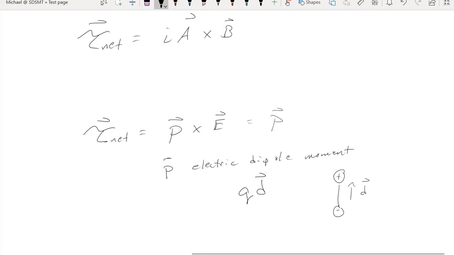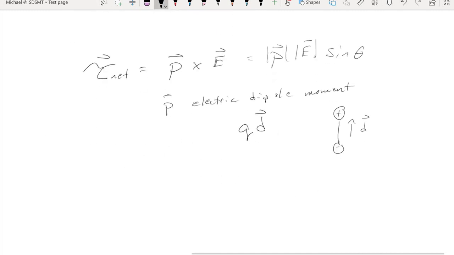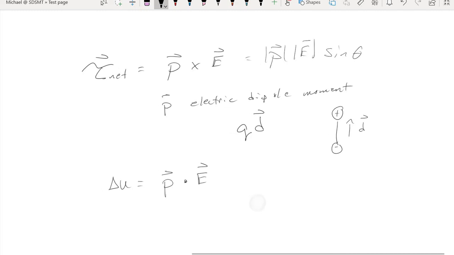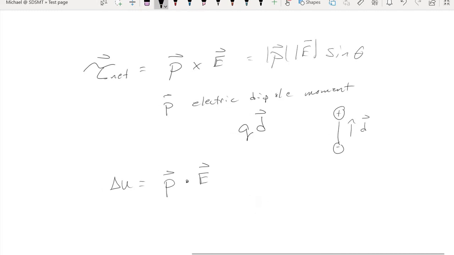And then we could evaluate this by taking the magnitude of each along with the sine of the angle between them. We could also evaluate the change in potential energy for the system using the dot product of those two vectors.